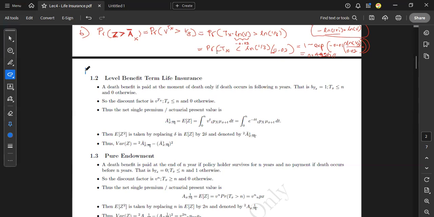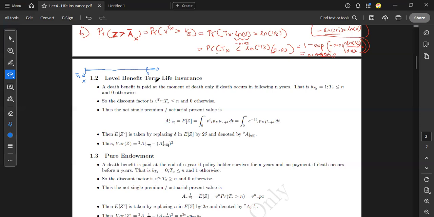That means we have the time of purchase and TX start from 0, goes to somewhere, and after n years, the coverage ends and we no longer pay as the insurer. The benefit is paid if and only if the death occurs between 0 and n.